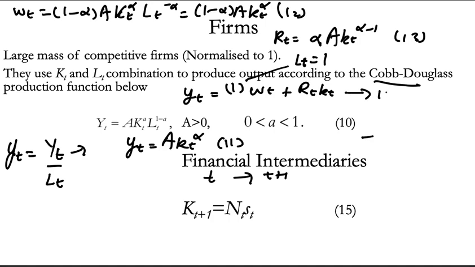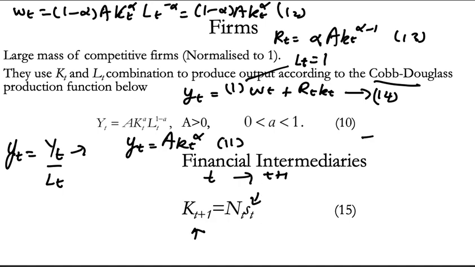Before I say 15, this one is actually 14, so that you would not be confused. Equation 15 states that aggregate saving in time t is equal to aggregate total saving. s_t is just for one household, so total saving is total population times s_t, that is N_t s_t. These savings are the inputs toward the formation of the economy's future capital stock, which is this. So this is 15.